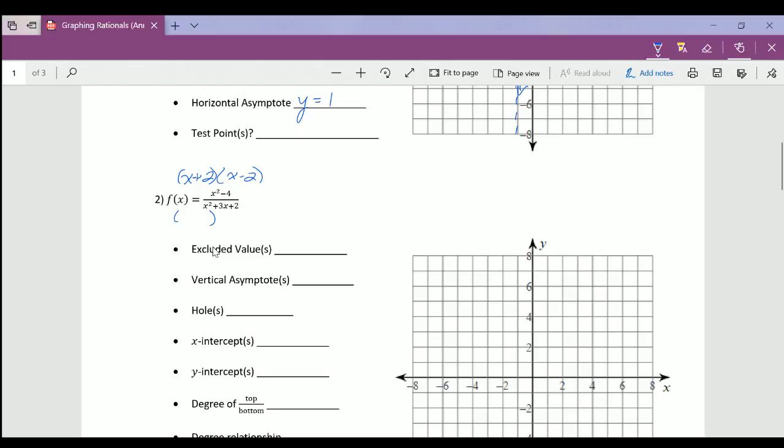When you multiply them, you get 2, and when you add them together, you get 3. I'm thinking that'll be 1 and 2. x plus 1, x plus 2. Okay. So this guy here, that's an excluded value of -1. This guy over here is going to be an excluded value of -2.